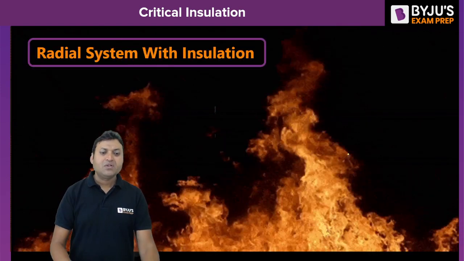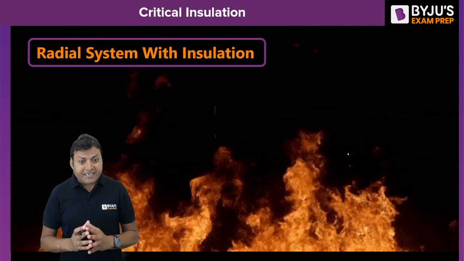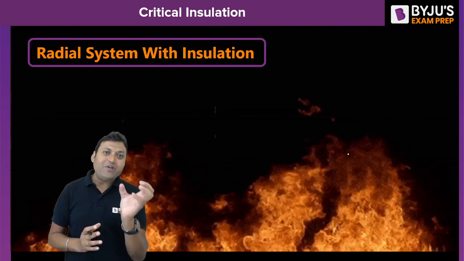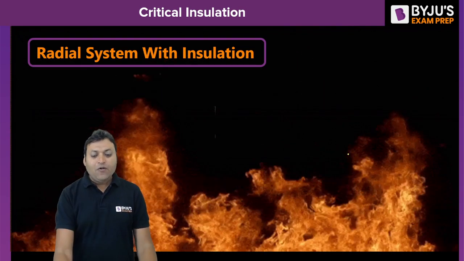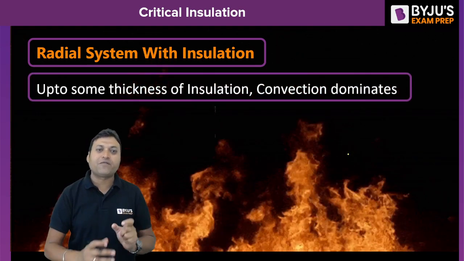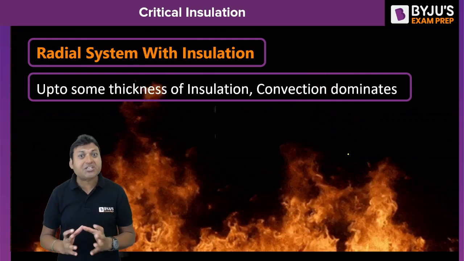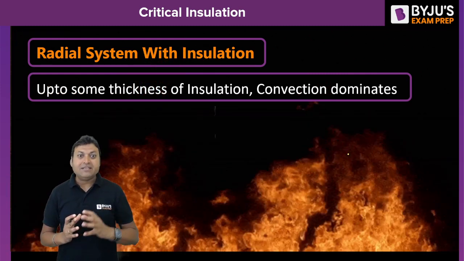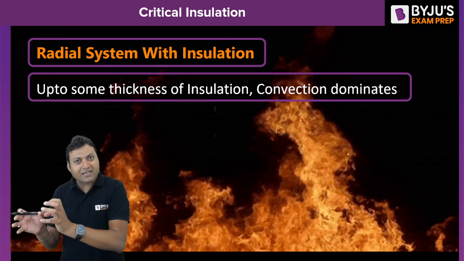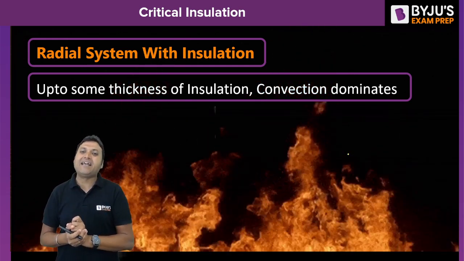All right. So if we see the radial system, initially when we apply insulation, for some thickness of insulation, the convection dominates. The increase in outer area will have more effect compared to the increase in radial thickness.